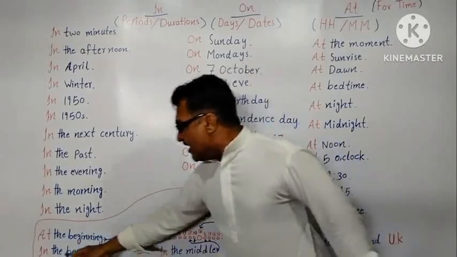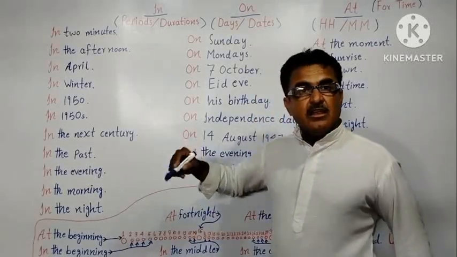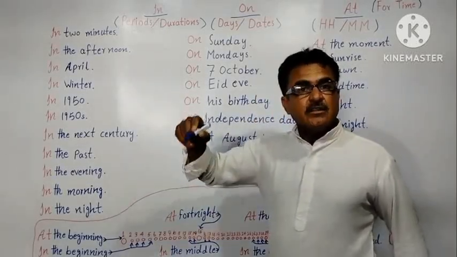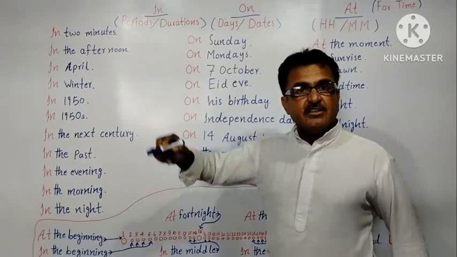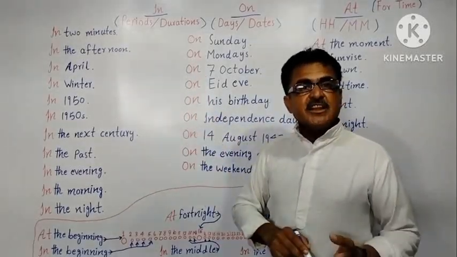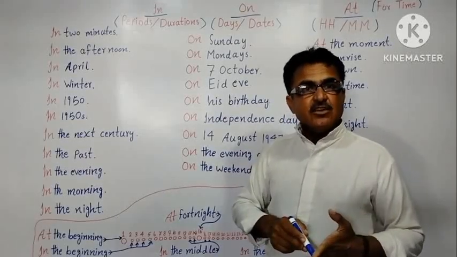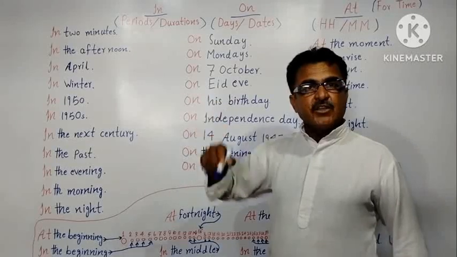In the beginning means during the first days of the month. Can be second day of the month, third day, fourth day, fifth day of the month. Around the beginning.